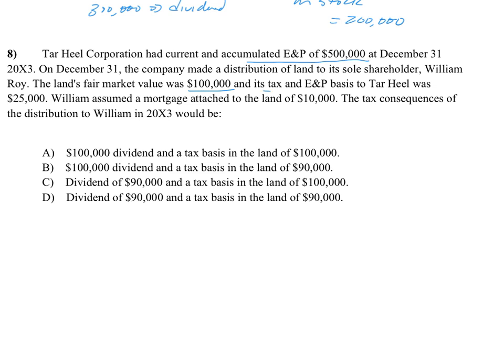We have a tax and earnings and profits basis to the corporation. And then we have this mortgage. Well, what we're concerned about immediately is, what are the tax consequences of this distribution to William? So first question.